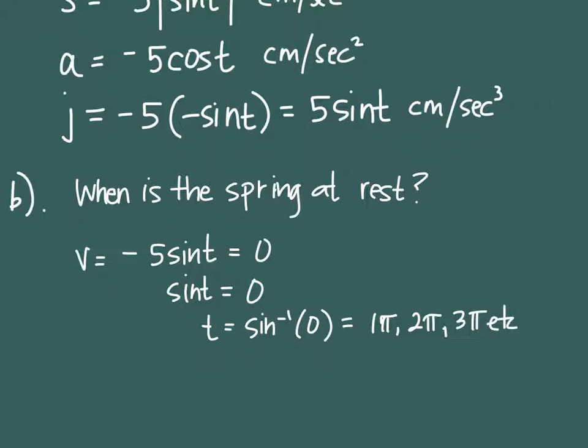So the summary of that is that t is going to be equal to k pi as long as k is greater than or equal to 0. I guess we could say it's at rest at the very beginning, so we could start at 0. And it's an integer.